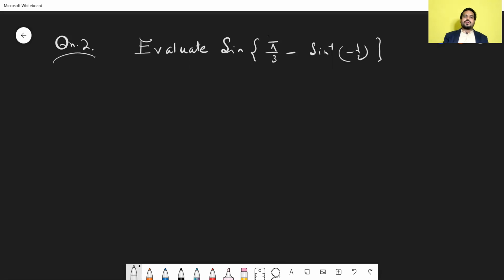Question number 2: evaluate sin(π/3 − sin⁻¹(−1/2)). So how to solve this?